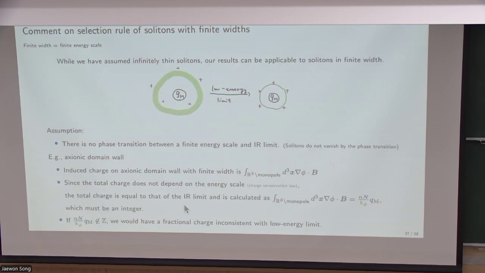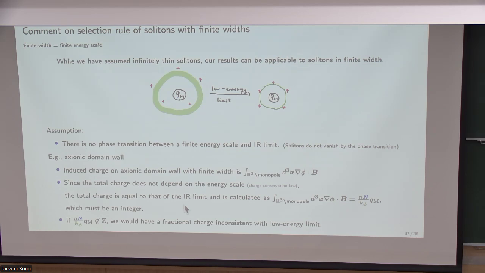Finally, let me comment on the selection rule for the solitons with finite width. While we have assumed infinitely thin solitons, our results can be applicable to solitons with finite width. Our assumption is that there is no phase transition between the finite energy scale and the low energy limit.